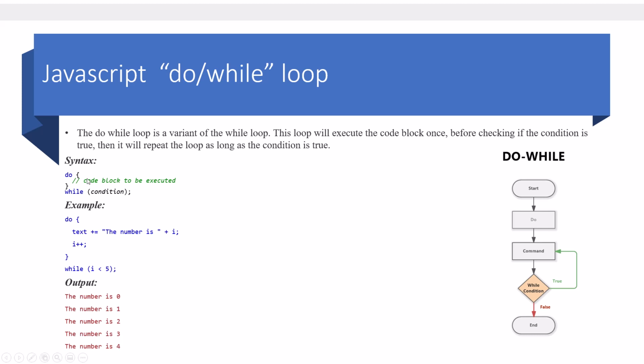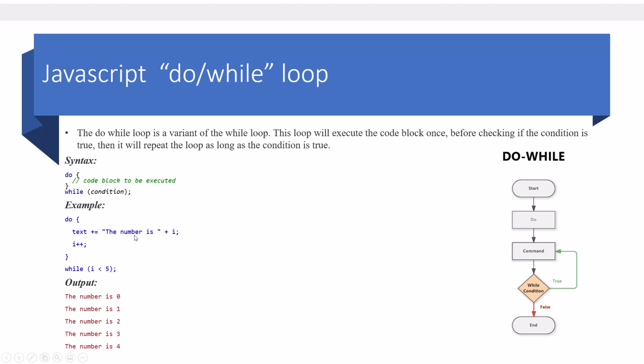But here we are executing one part of the code before checking the condition. So we are using this do keyword, and inside the do block we are executing this block of code, and after that we are checking the while condition, and after that we are doing the same do expression until the condition is true. So here one of the examples is given.